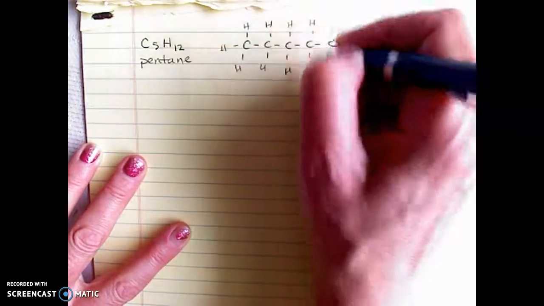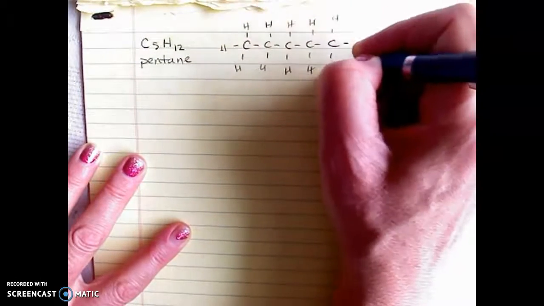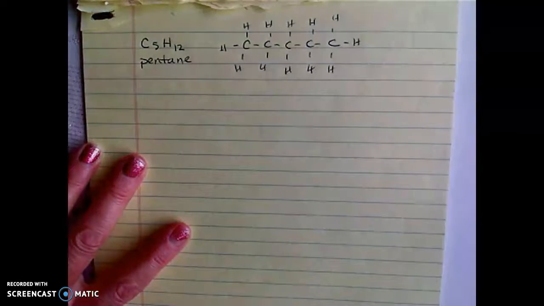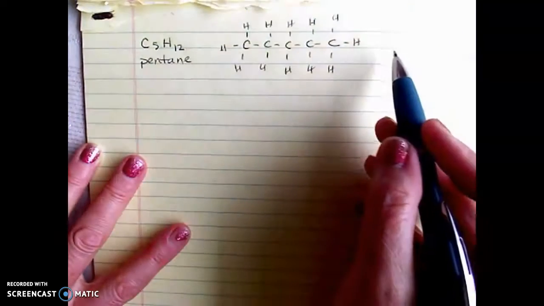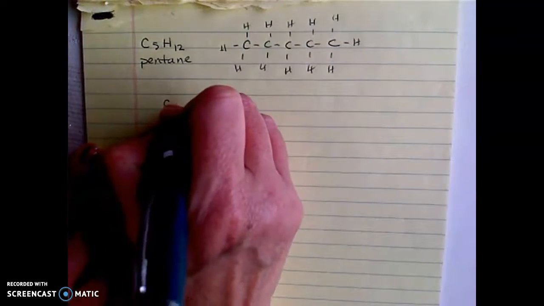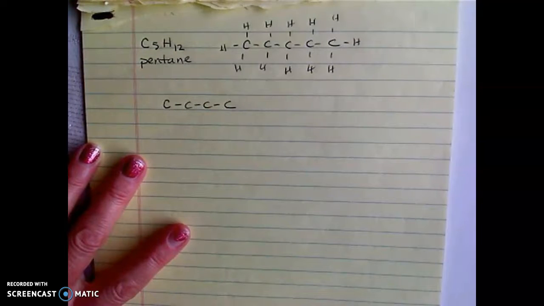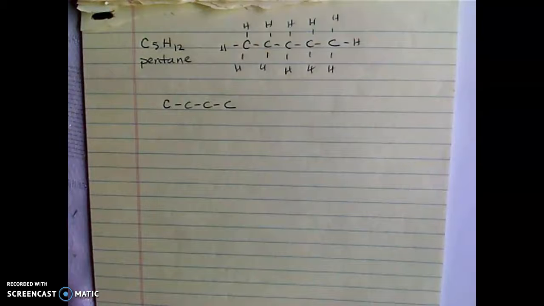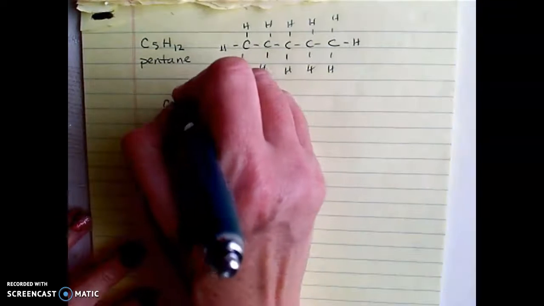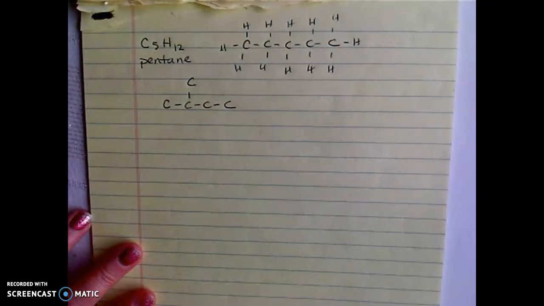From there, if you're going to draw isomers, the next thing to do is start with a smaller chain. So our original chain is 5, so then you start with a 4. 1, 2, 3, 4. And then you branch another C. So you would end up getting an alkyl group, in this case a methyl. So you could have a carbon off of this one.